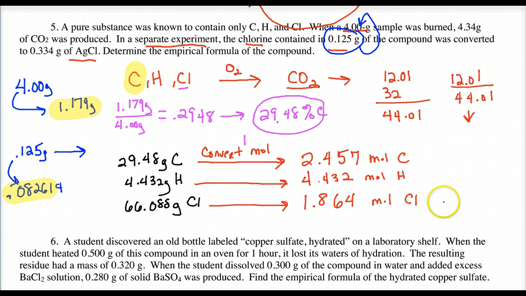Divide by the smallest number. 1.864 divided by 1.864 is our 1.